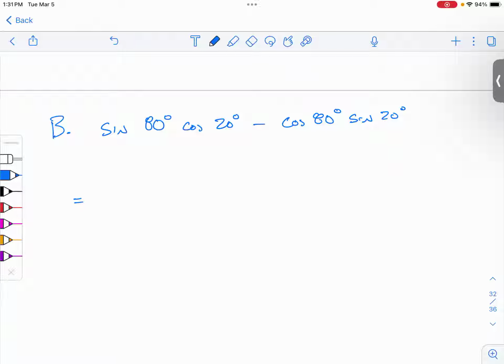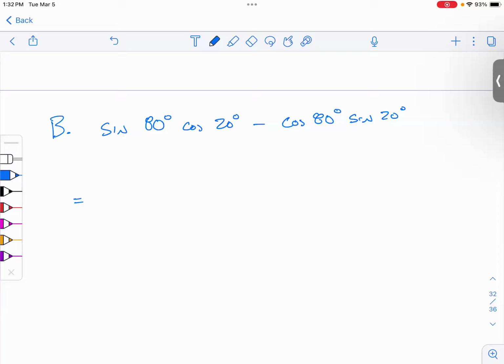Okay, now here's the big thing, right? Ideally, we know this now. When you have different angles, what's that theorem that we love? Has to do with household pets. Cat, all right? Complementary angle theorem. What is important about using cat? The angles have to sum to 90.